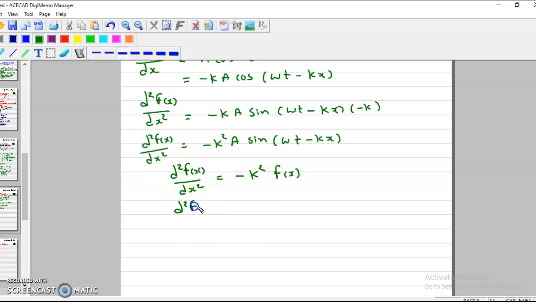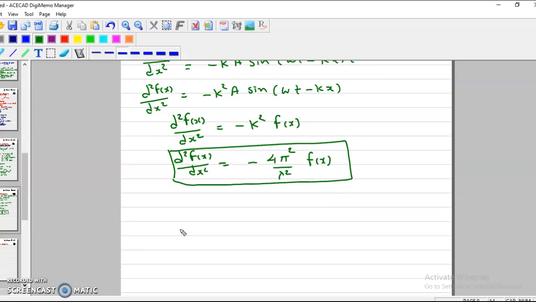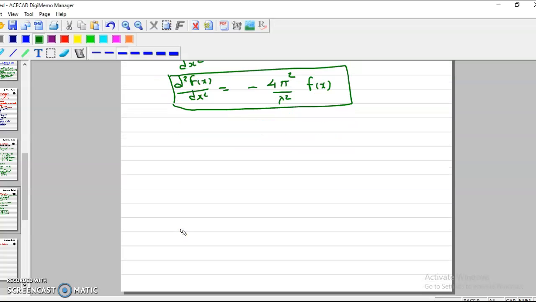So d squared f(x)/dx squared is equal to minus 4 pi squared upon lambda squared f(x). This formula was derived by Hamilton for any particle which is moving like a wave, or having wavy nature.